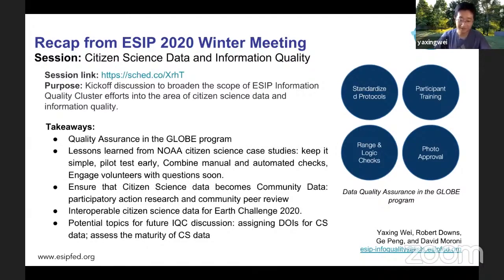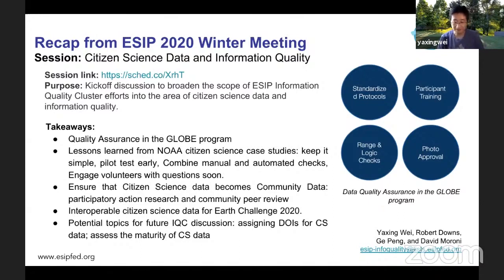There were a number of takeaways from the winter meeting session, including those quality assurance aspects performed in the GLOBE Citizen Science Program, which includes standardized protocols, participant training, range and logic checks, and photo approval.